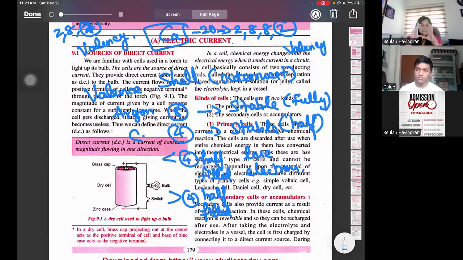Get my point? This is the stability of an atom. So what about less than 4? Maximum 3 electrons can be lost by an atom. Minimum 2 or 1.